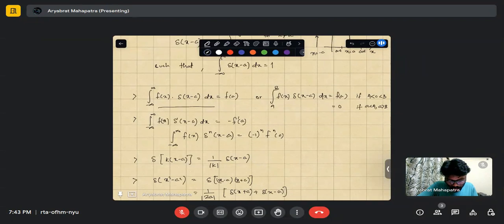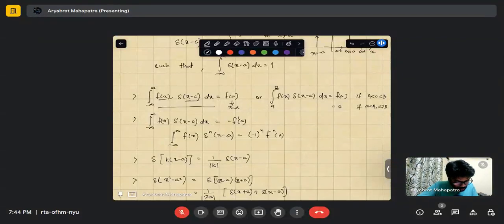The peak of the delta function here is at x equals a. So the value of this integral will be the value of the function f of x at x equals a. That is how you write your integral when you have this kind of delta function appearing.